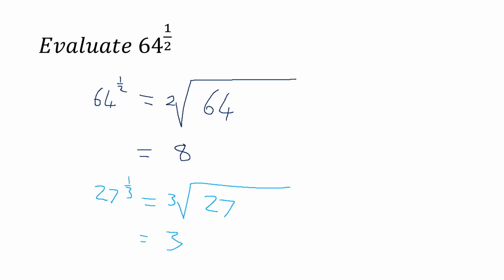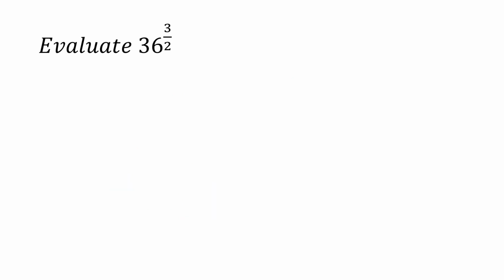Okay, what about something like this though? Here you see it's 1 over 2, but here it's 3 over 2. How are we going to do that? So again, all we're doing is 36 to the power of 3 over 2. Now think of it like this: this is the root, and this is the power.